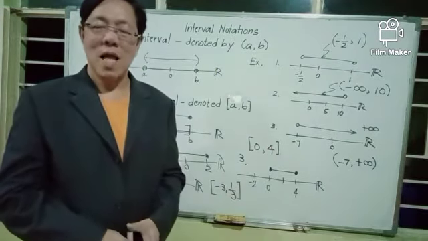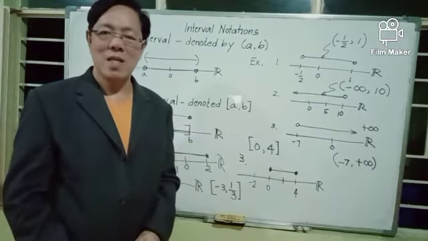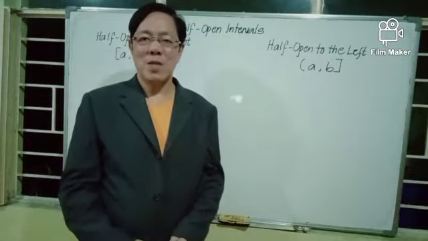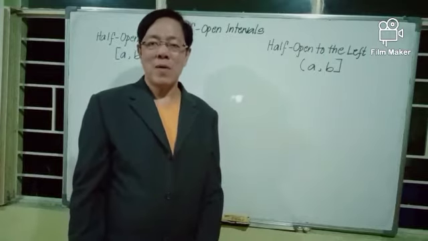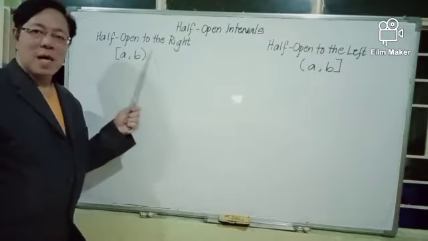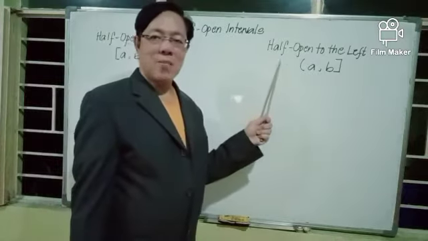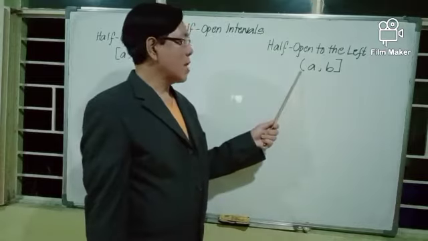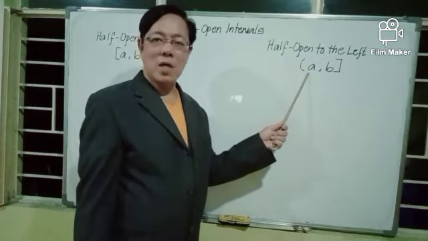Now we take the last type of interval notation, the half-open intervals. The last type of interval notation is the half-open interval. And there are two types of half-open interval. The half open to the right and the half open to the left. The half open to the left is denoted by this notation, (A, B]. This is half open to the left because the left endpoint is not included.